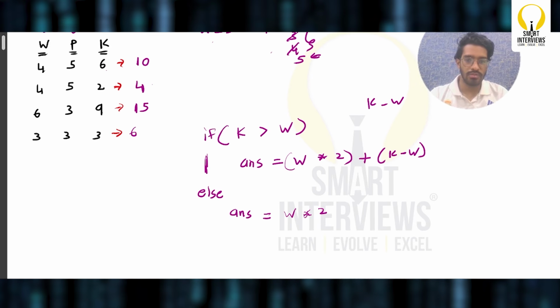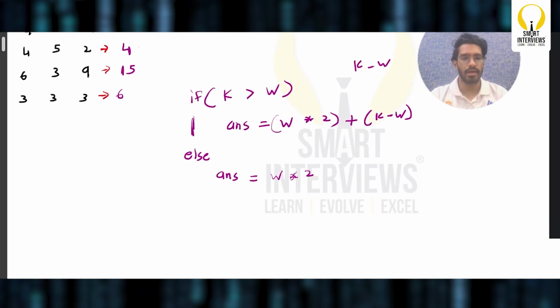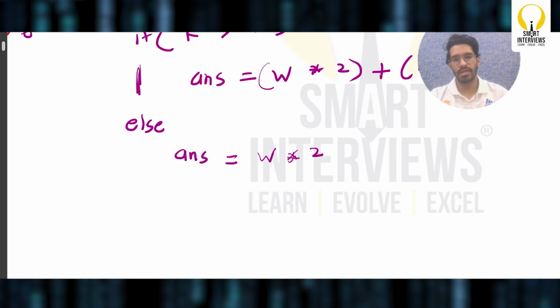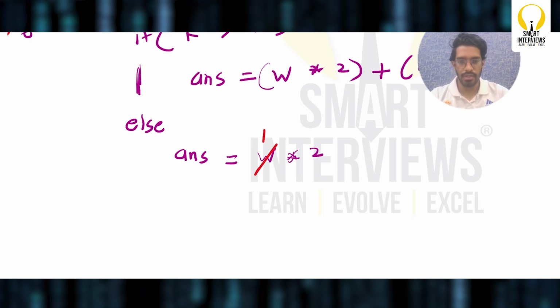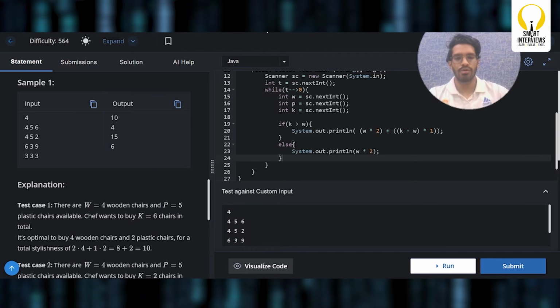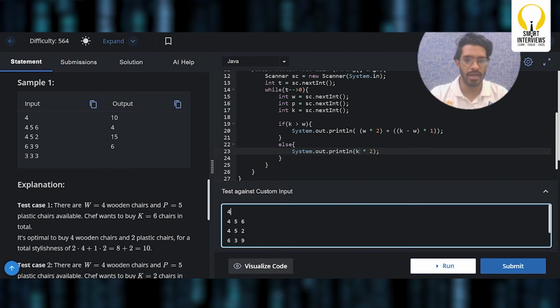So should this be w into 2 or should this be the number of chairs that we can pick up? Right. So this shouldn't actually be w into 2, this should actually be k into 2 because k is the least number of chairs that we will be able to pick up. So if we make the small change here, it would definitely work as expected.